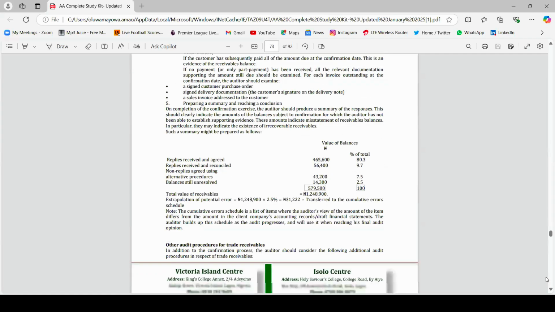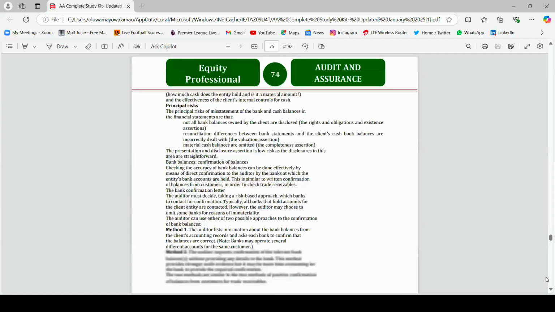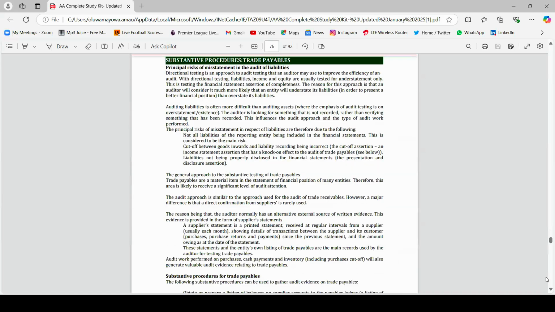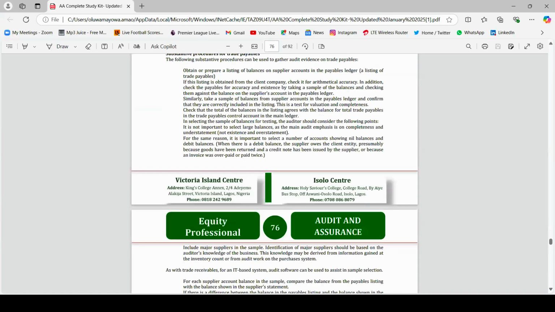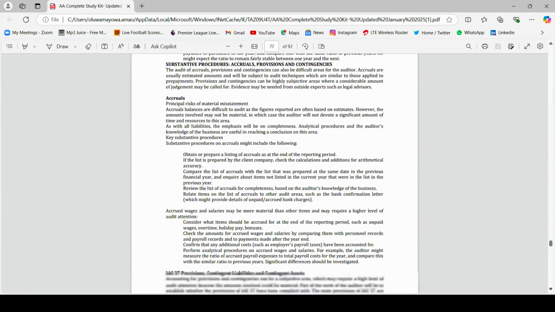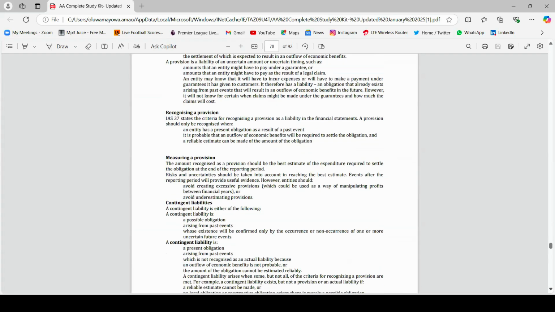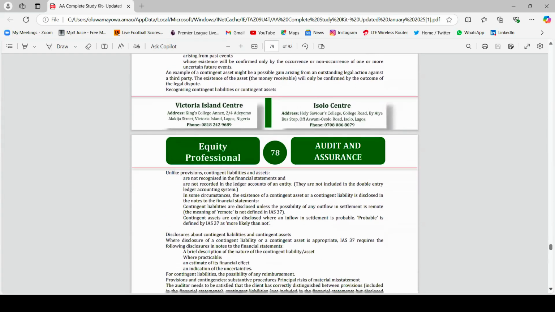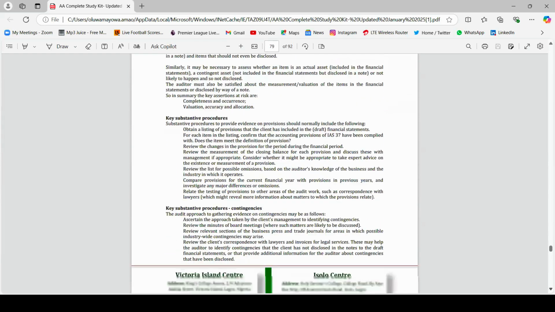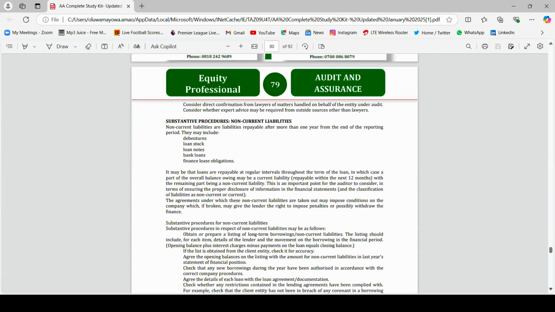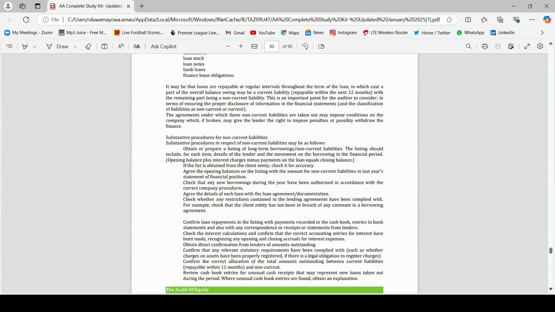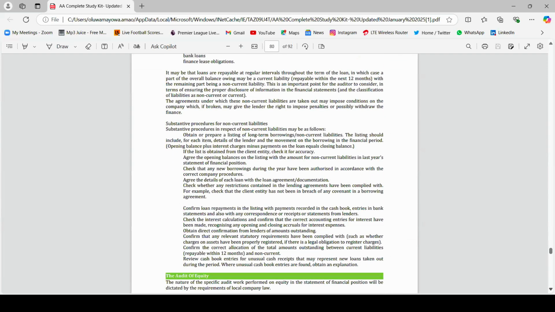So the auditor wants to test for accuracy, and that you've recorded all the non-current assets the way it should be recorded. There is no overstatement or understatement and all of that.